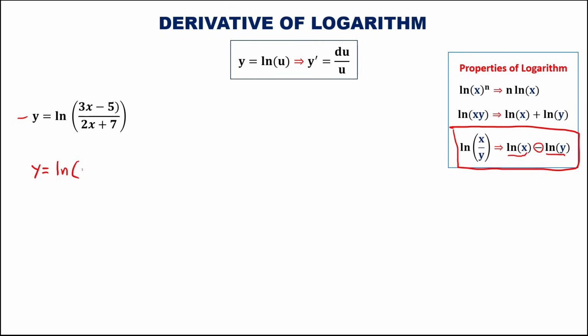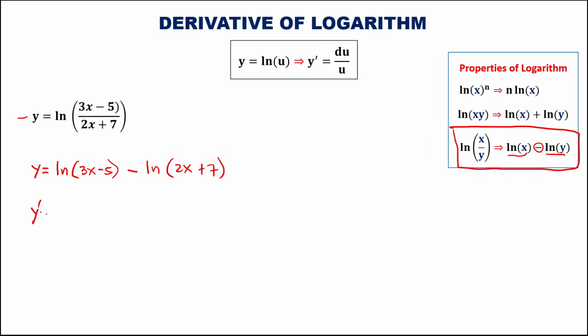So this becomes ln (3x minus 5), then minus, again for quotient this one is minus, then we have ln (2x plus 7).